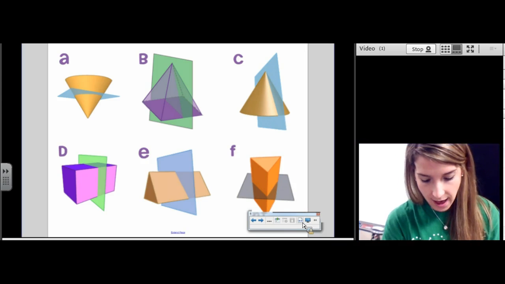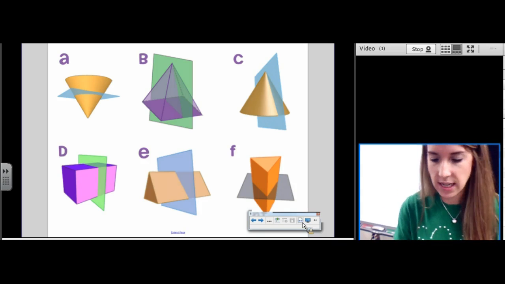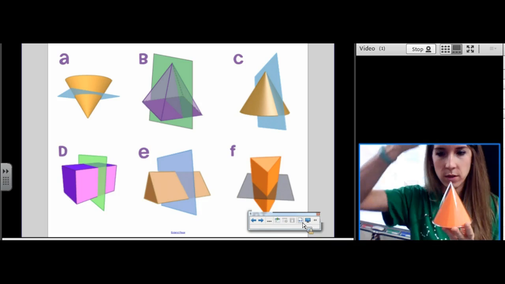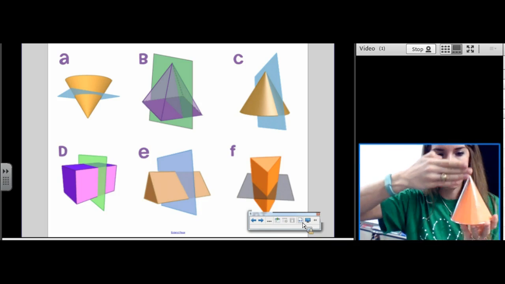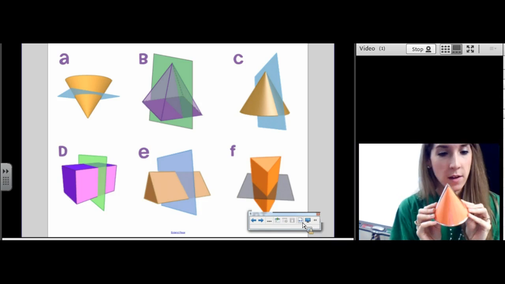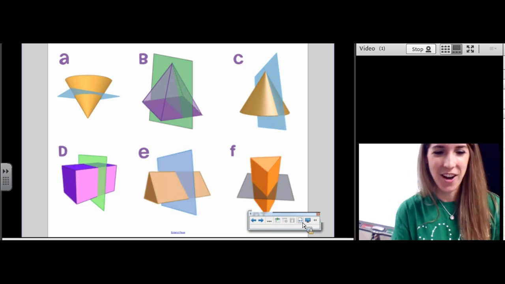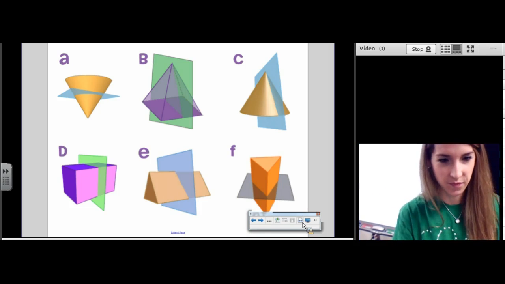Very good. C, we have Ariana. Ariana, did you get C? Here's my cone. We're slicing through the cone vertically or straight up and down. What shape are we going to get? Oh, triangle. Very good. Okay, D. Lars.